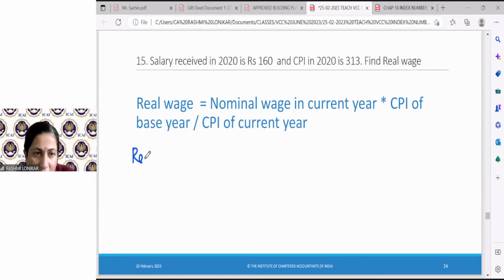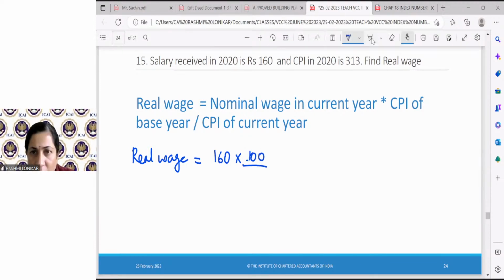So, real wage will be nominal wage in current year, 160, into consumer price index of the base year, 100, upon consumer price index of the current year, it is given to me as 313.